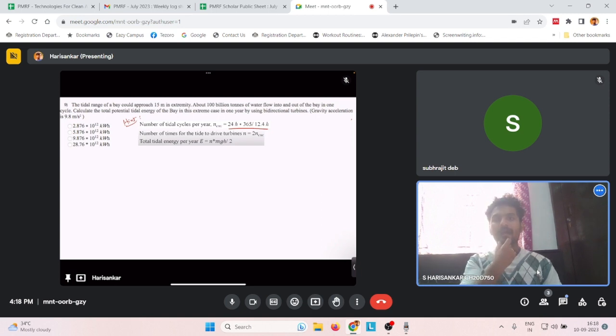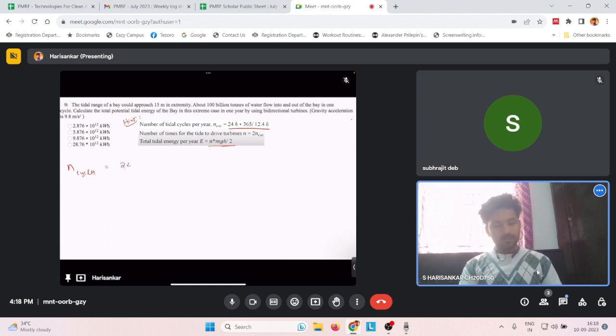So this is the equation for that. Number of times the tide drives the turbine will be 2 into the number of tidal cycles, and the total tidal energy per year we can calculate as mgh into n by 2. Right. So we'll just go with this same order.